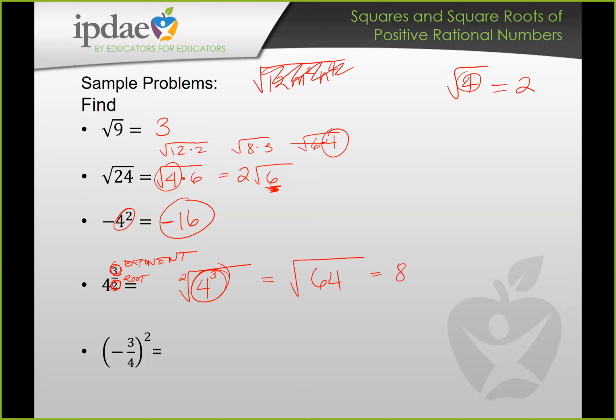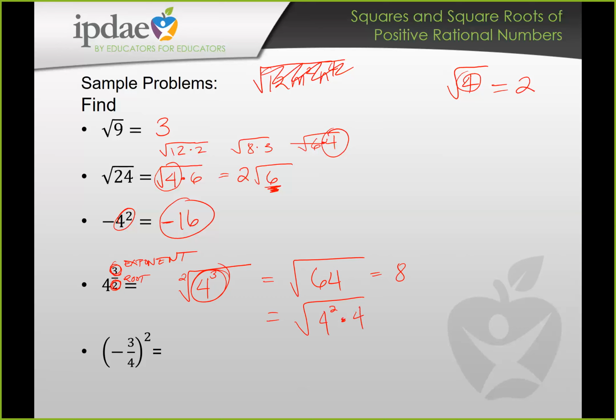Now, sometimes students would not be at the point where they can easily remember square roots, especially of bigger numbers. So I tell my students, we'll try something else. You can break down the 4 cubed into 4 squared times 4.